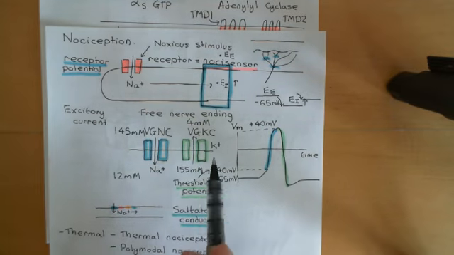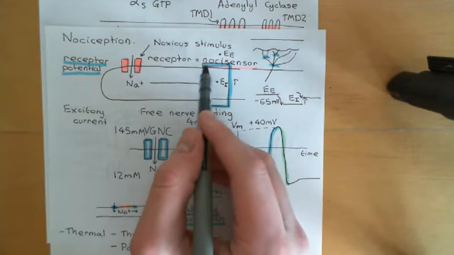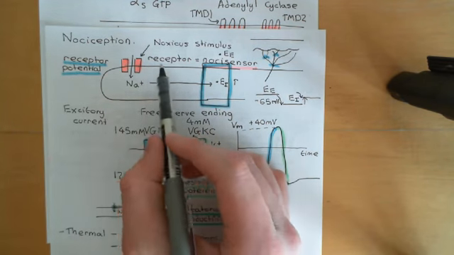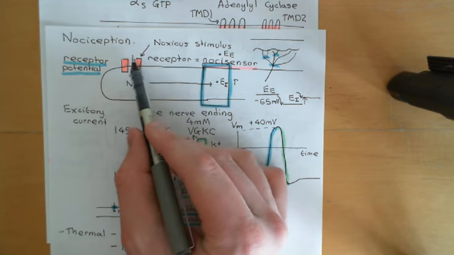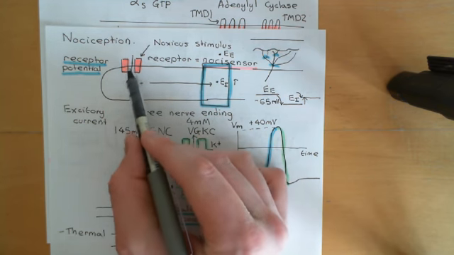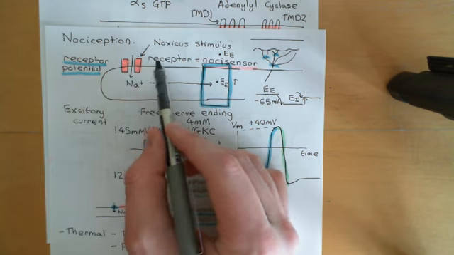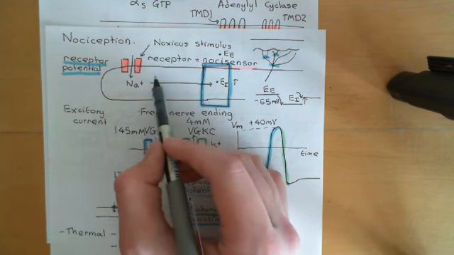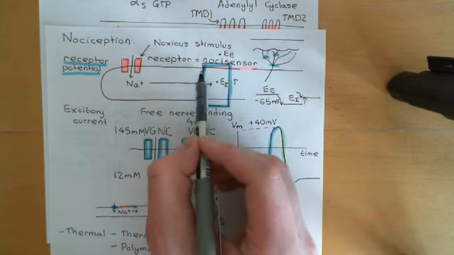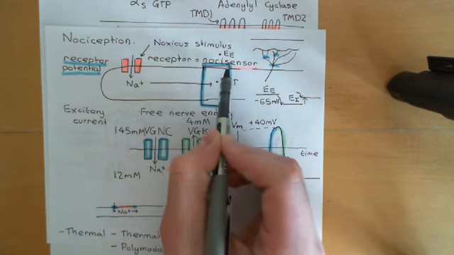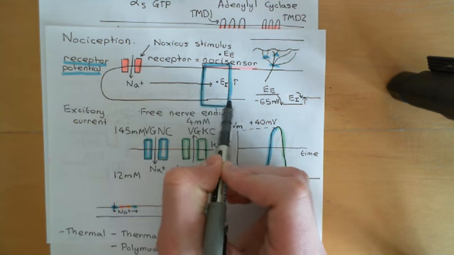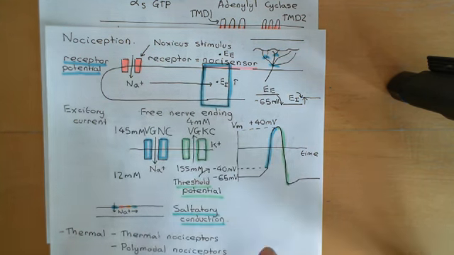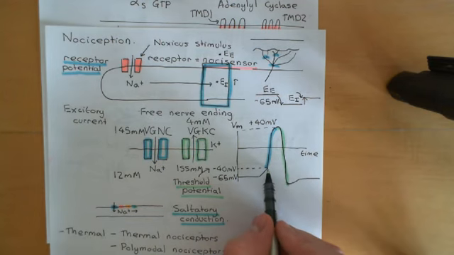Remember, in these free nerve endings of the nociceptors, what has to firstly happen is you have to get these receptor potentials caused by the excitatory currents coming in through these receptors that have been activated by the noxious stimuli. The receptor potentials then have to produce sufficient depolarization in this region that is capable of actually firing an action potential, and you have to get it up to threshold potential.